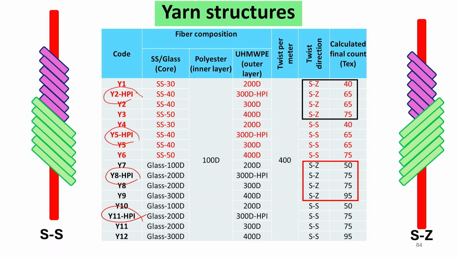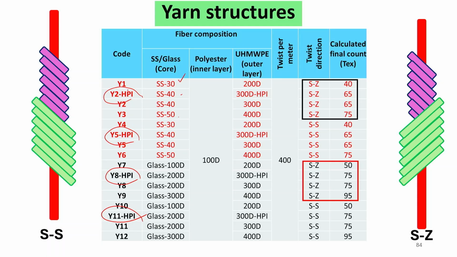So, for glass core it is 30, 40 and 50. So, there is Y 2 and Y 2 HPP.